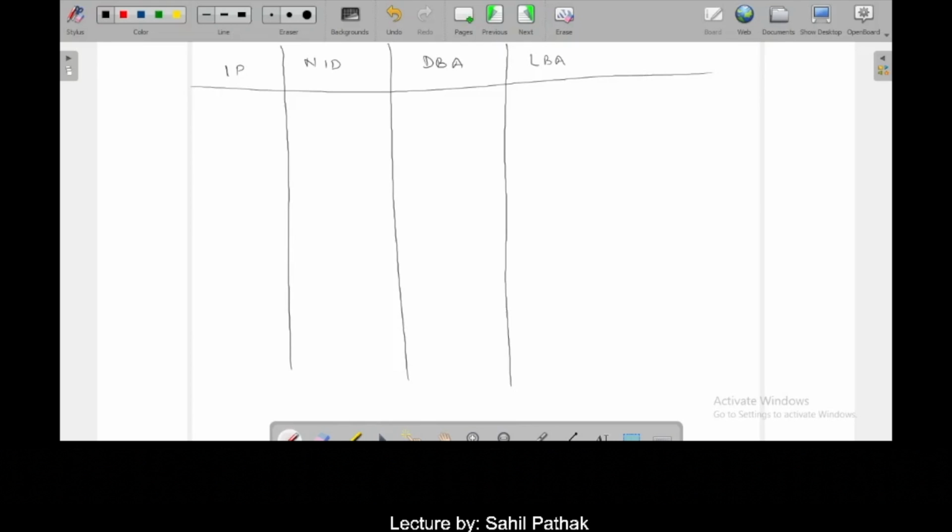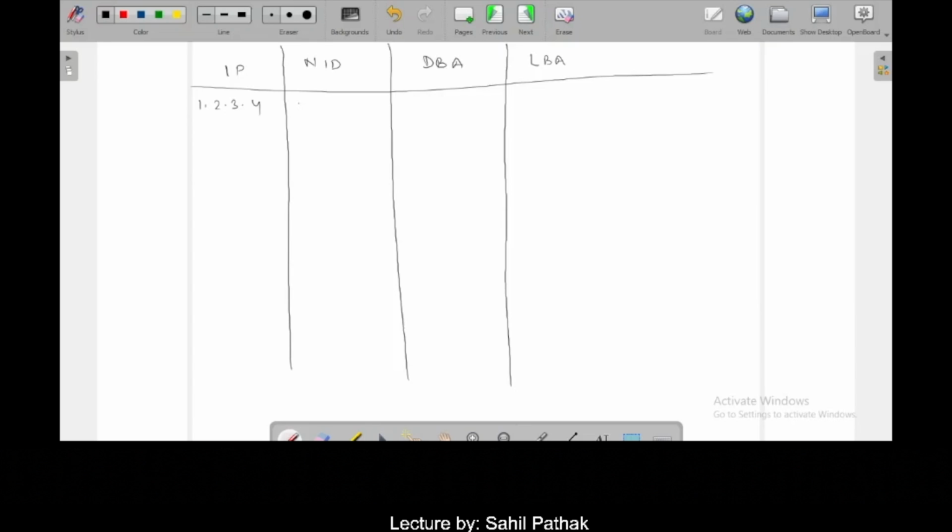So let's say we have an IP address 1.2.3.4. If you want to calculate the network ID, the IP address of the network would be nothing but the network ID as it is, and all host part 0.